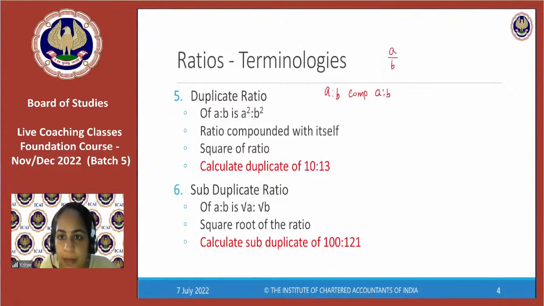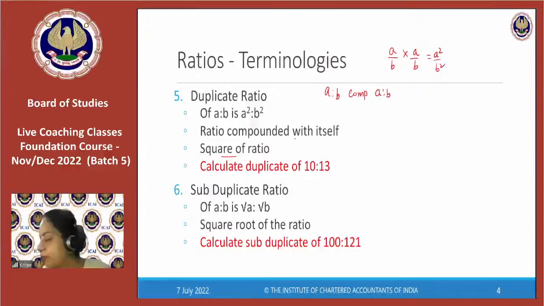That is, A by B is multiplied with A by B, giving us A square by B square. Or in simple terms, it is the square of the ratio, or duplicate ratio means the ratio which is compounded with itself. So very quickly, good. You people are responding very nicely. I can see that. So calculate the duplicate of 10 is to 13 quickly.